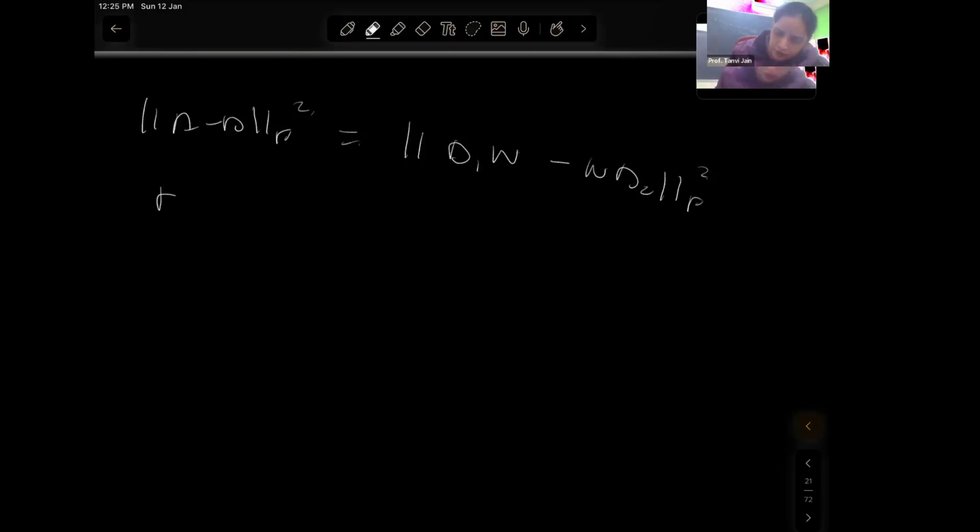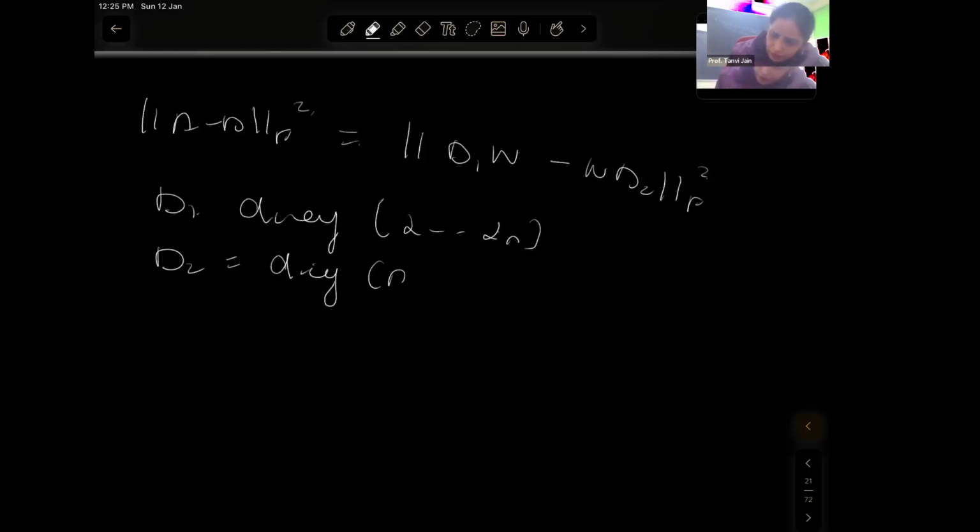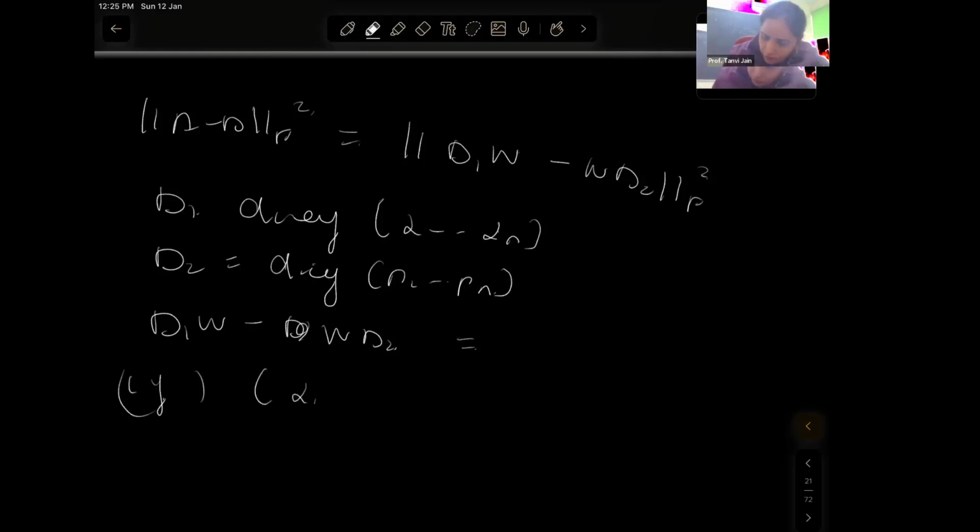If D1 is diagonal alpha 1 till alpha n, and D2 is diagonal beta 1 till beta n, these are the eigenvalues of A and B, then what is the ijth entry of D1W minus WD2? It would be alpha i minus beta j times Wij.